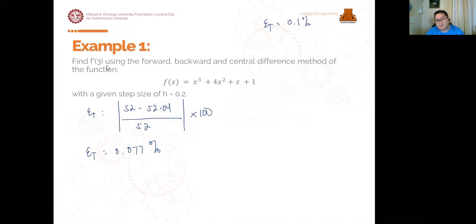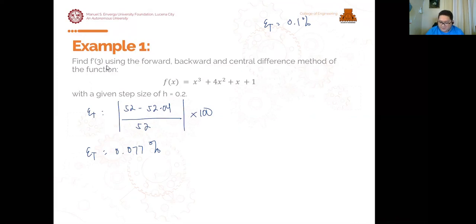So meaning mas madaling mag-converge si central difference method or mas madali natin makuha yung first derivative ng function natin when using central difference method kasi kino-consider niya yung forward and backward natin. Okay?